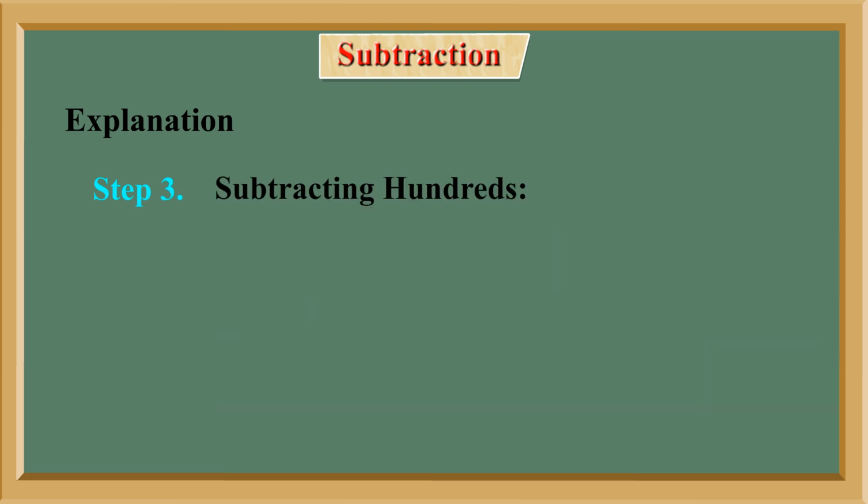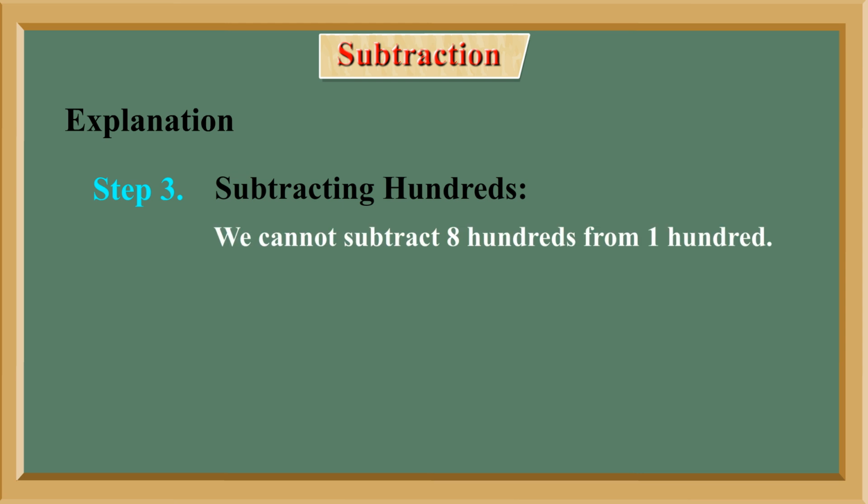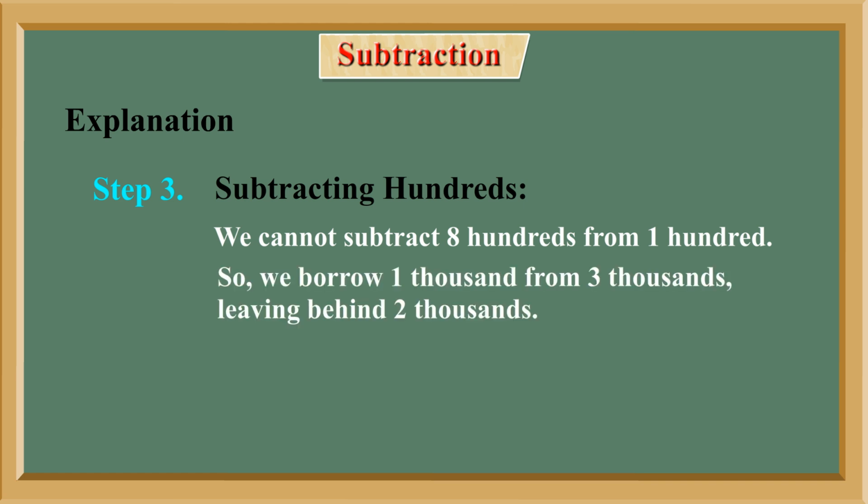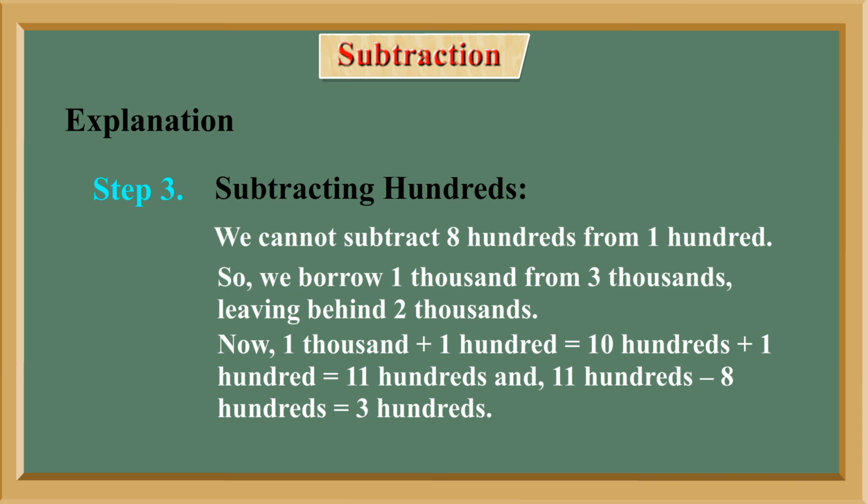Step 3. Subtracting hundreds. We cannot subtract 8 hundreds from 1 hundred. So, we borrow 1,000 from 3,000s, leaving behind 2,000s. Now, 1,000 plus 100 is equal to 10 hundreds plus 1 hundred is equal to 11 hundreds and 11 hundreds minus 8 hundreds is equal to 3 hundreds. Write 3 under hundreds column.